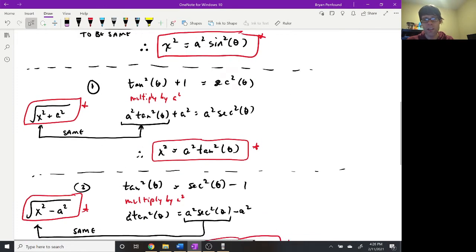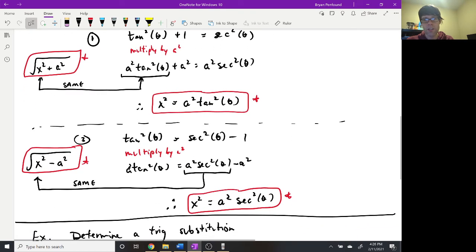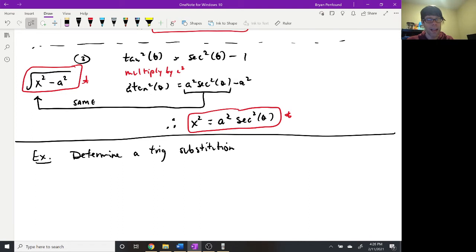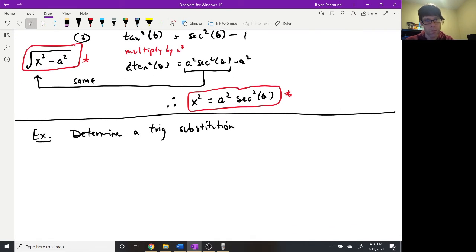The derivative of sine is cosine, the derivative of tangent is secant squared, and the derivative of secant is secant tan. So it's quite easy to find the differentials dx without the need to multiply by a minus 1. That's why these three are typically chosen to be the standard ones.